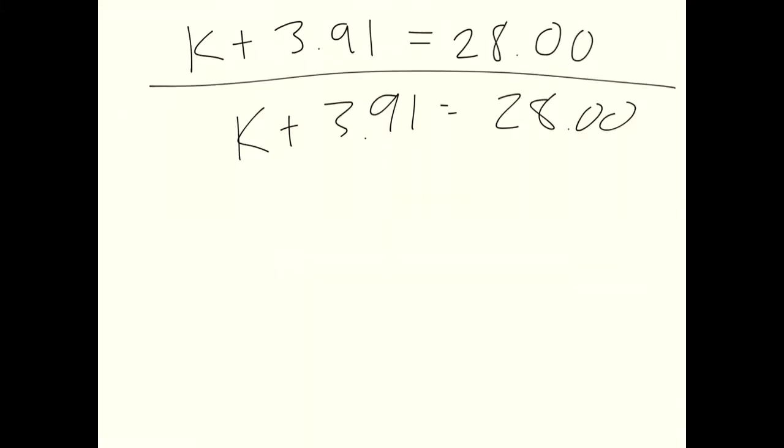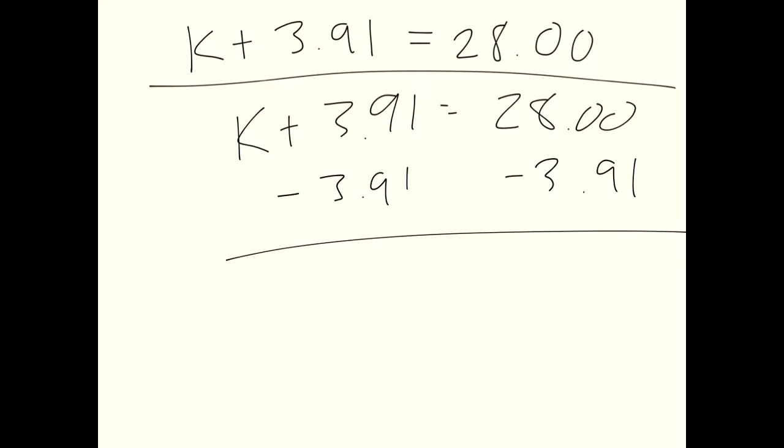When solving these kinds of equations, the first thing you want to do is subtract 3.91 on both sides. And so 28 minus 3.8. So you have to borrow a little bit.